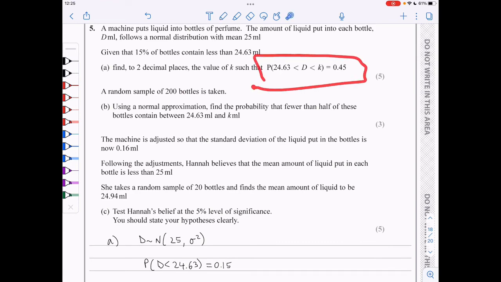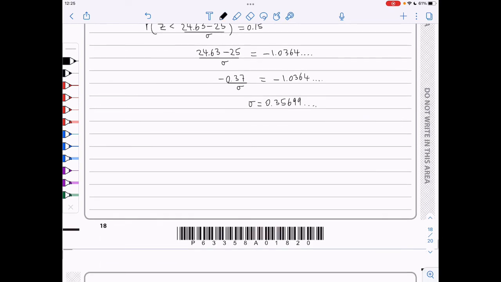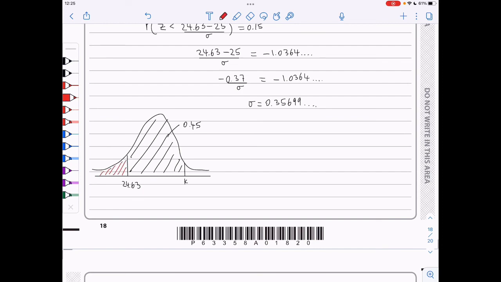I think it's time to draw a bell-shaped curve just to see exactly what's happening. We have been told that the probability we're between 24.63 and K is 0.45, so all of this is 0.45, but we also know that the probability of being less than 24.63 is 0.15.